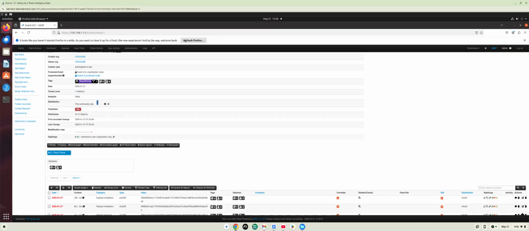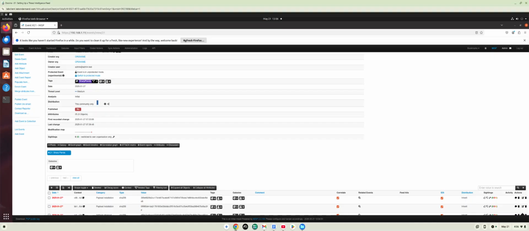Let's say if the analysis level was completed, then there wouldn't really be much for them to do other than maybe some lessons learned or to track what remediation tactics were used to address the indicator of compromise or the underlying incident. But the thing to remember with the threat level and analysis level is that both help to prioritize incident response efforts. Those are just a few examples I gave of how analysts can do that.